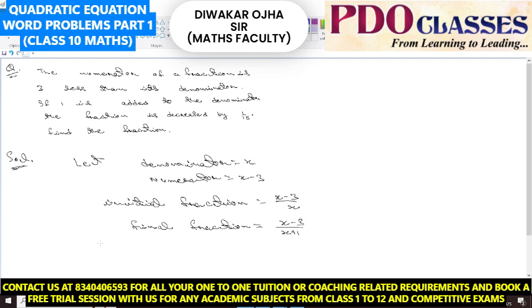As per the question, when I am just adding 1 in the denominator, the fraction is getting reduced by 1 by 15. That means x minus 3 by x minus x minus 3 by x plus 1 will be equal to 1 by 15.